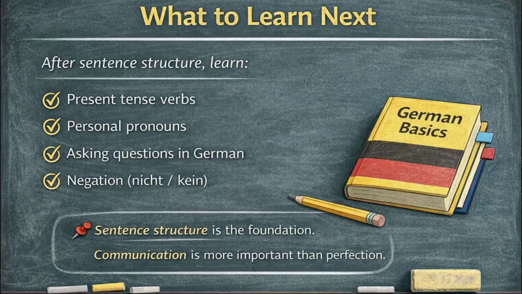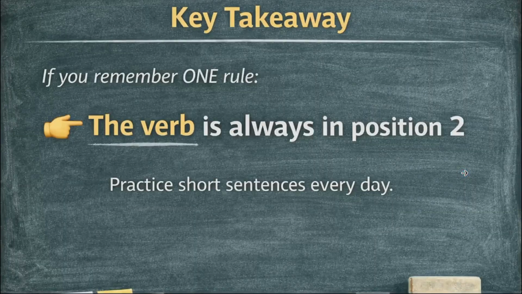Most importantly, you should know that sentence structure is the foundation, while communication is more important than perfection. Something to put in mind: the verb is always in position 2 except for yes or no questions.